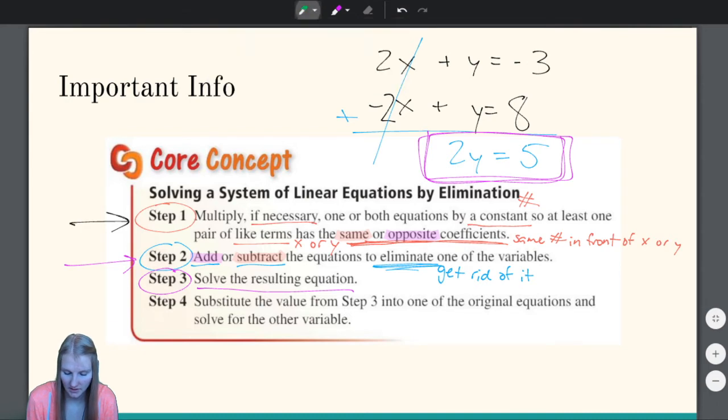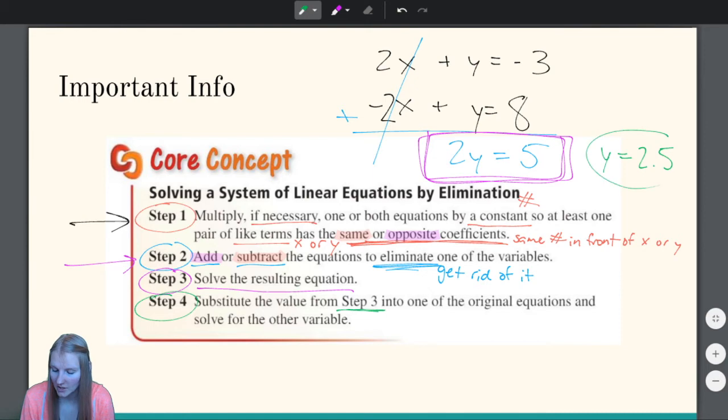Then, step 4 says to substitute the value from step 3. So we get y equals 2.5. And you want to substitute that value into one of the original equations. So that part is kind of like substitution a little bit. And then that's it. I already have y. Once I plug this in, I will find x.